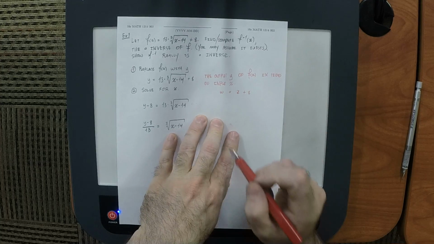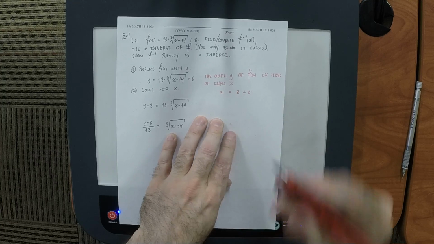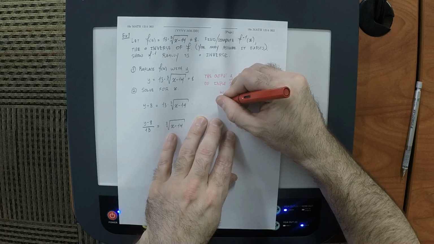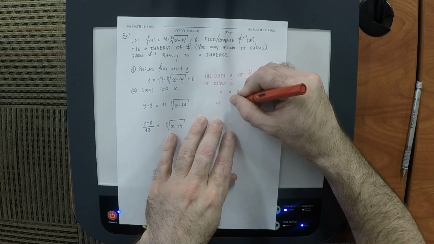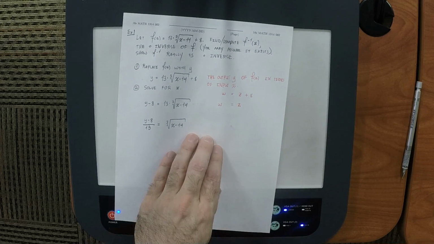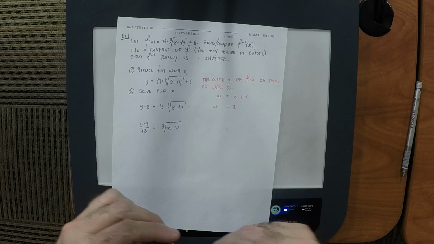Now suppose that we want to get z by itself, and we want w to stay on its side and z to stay on its side. So w's going to stay over there, and z is going to stay over there. And what we want is the 8 to change sides.